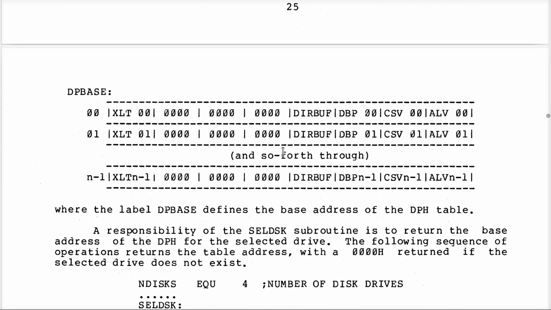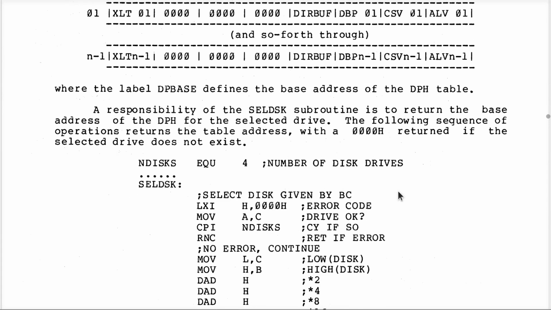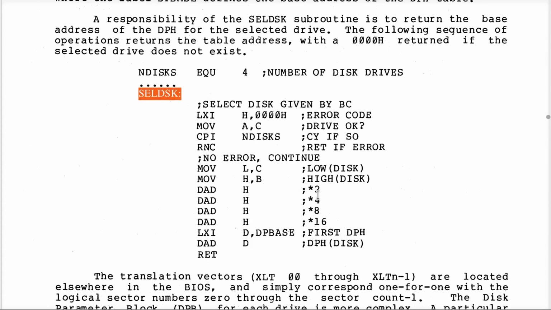By the way, this section is a discussion on how to deal with the math, if you can't figure it out on your own, of what it means to have several of these disk parameter headers in memory. So if you have several drives, if you have 16 drives, you would have 16 of these headers in here, okay? And then your select disk routine would need to look something like this.